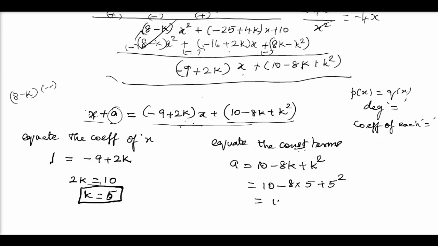So 10 minus 40 plus 25, that gives me a equal minus 5. So this is how I get the value of k and a by dividing the two given polynomials and equating the coefficients of the remainders, that is the given remainder and the remainder I have obtained. Equating their coefficients, I got the values of a and k.